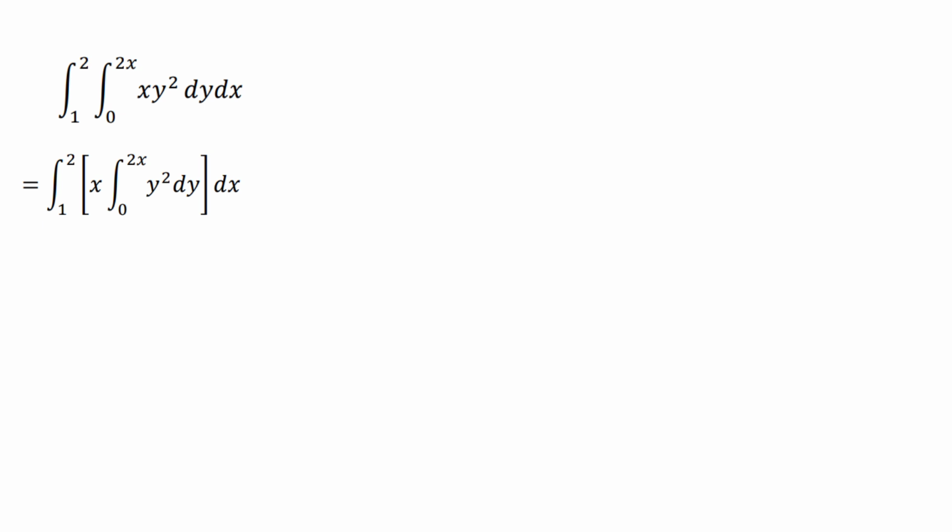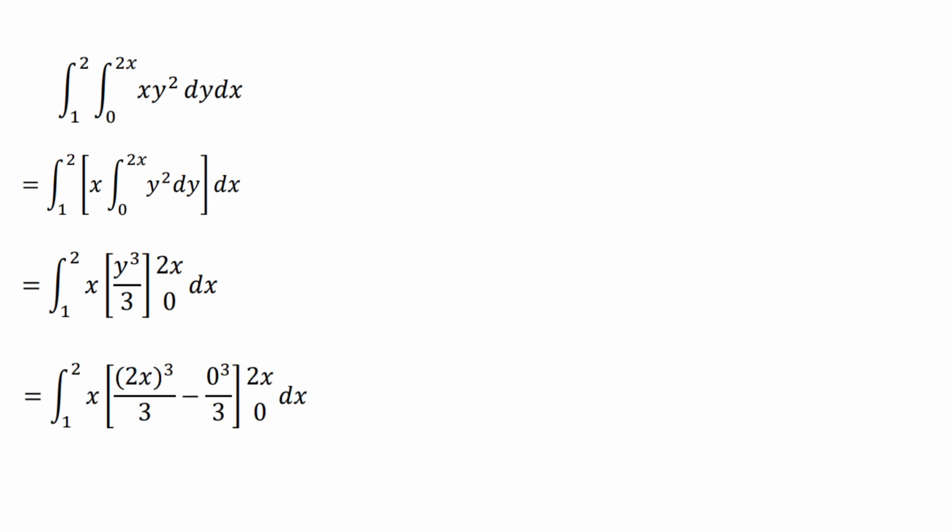The integral of y squared dy is y cubed all over 3. Now we have the integral from 1 to 2 of x times y cubed all over 3 from 0 to 2x dx. Next, we need to substitute 0 and 2x to our y.